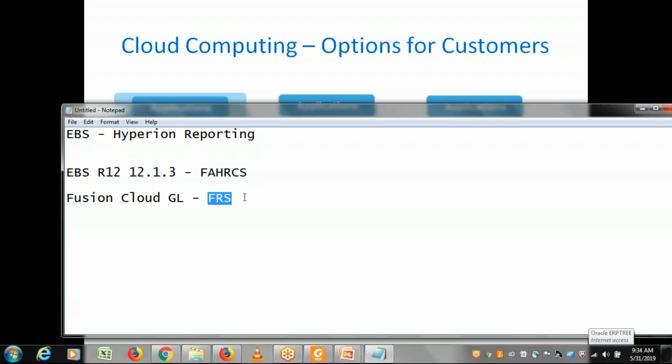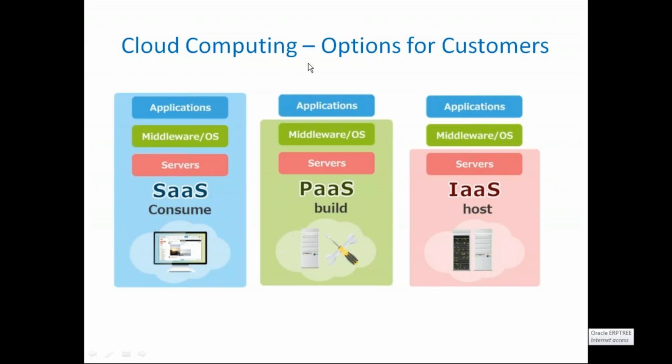So even if they are not using Fusion, at least they can take advantage of reporting based on the data which is available in EBS GL as journals data. That is a point we have to understand. And we don't see in the market a client using EBS and moving a few modules to cloud. It's a very rare case. Okay, that's how it is.